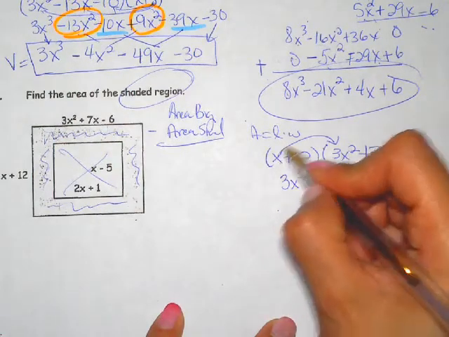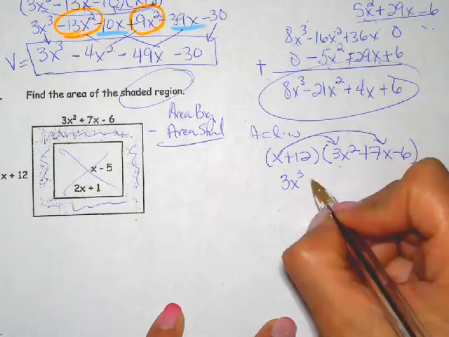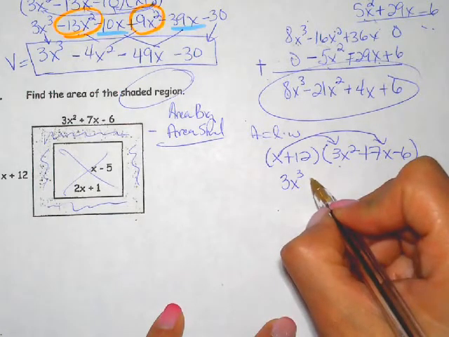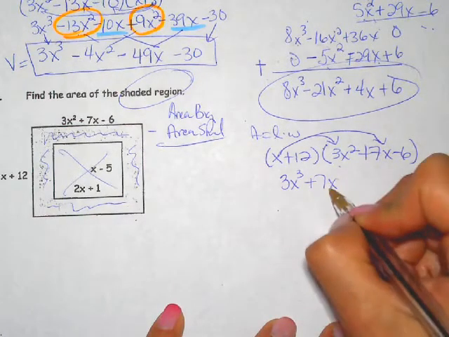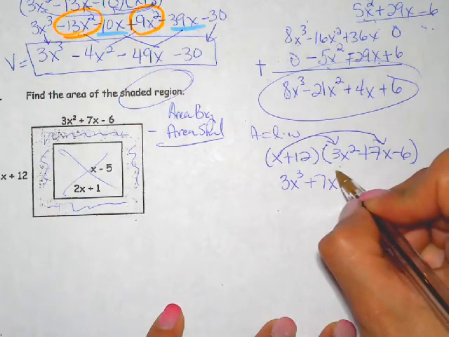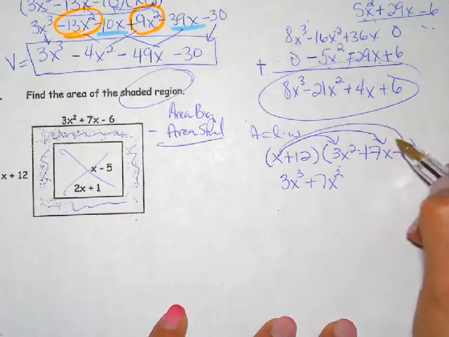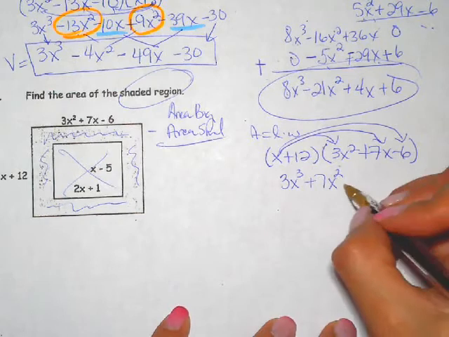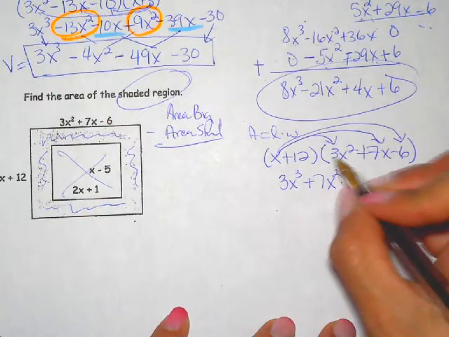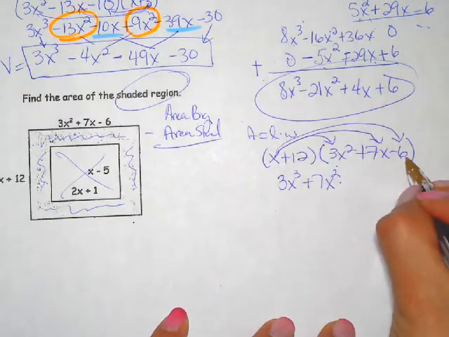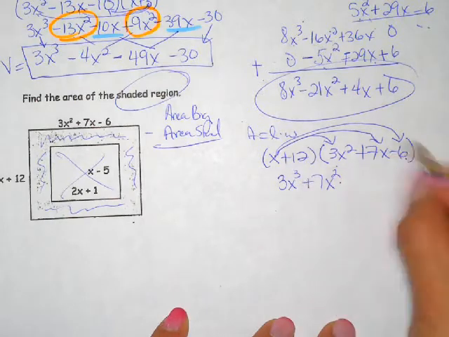Daniel, x times 7x. 7x to the what? To the second power is correct. Next one, x times -6 there.